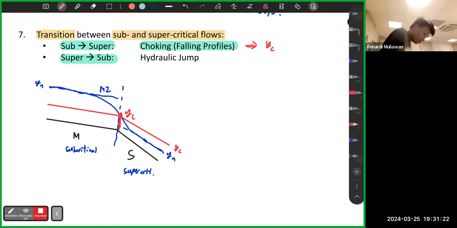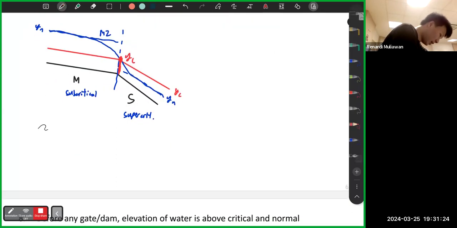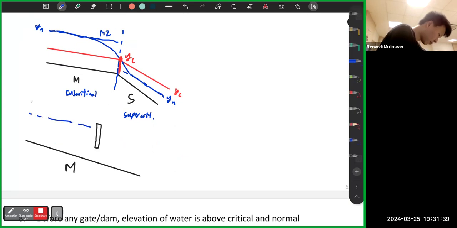Another example is if you have an M slope and you have a sluice gate like this. The condition here is subcritical. Right after the sluice gate, imagine you have something blocking from the top. YC is here.